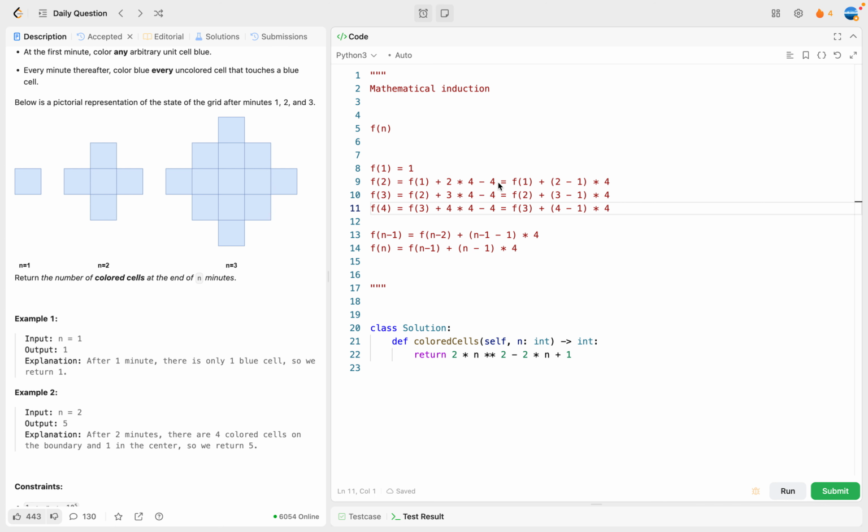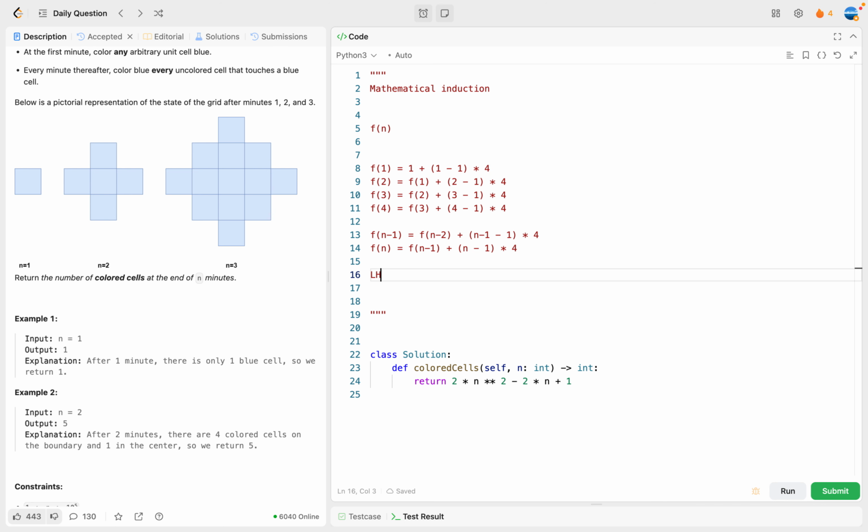Let me also delete this part in the middle, so you will see what we get. You can regard this one as 1 minus 1 times 4. We add the left hand sides and the right hand sides together separately. What do you get?